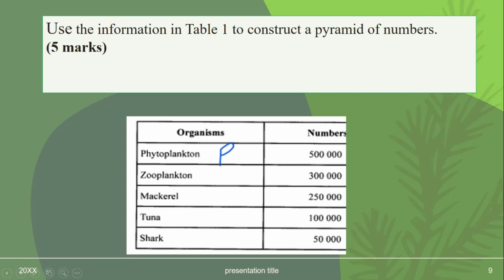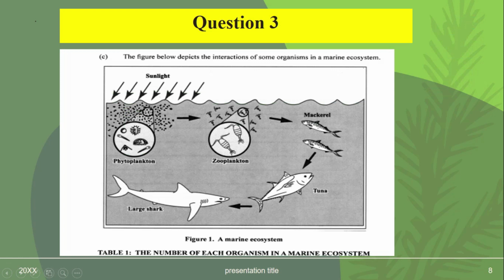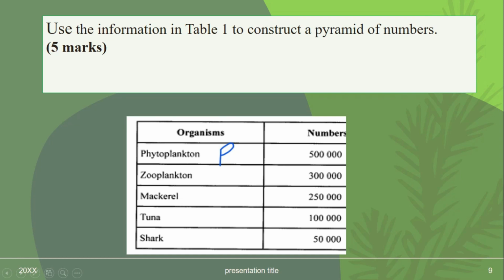All right, so these organisms that were found up here, they present numbers to them, they count them. So pyramid of numbers means the amount of each organism that is present in the food chain. All right, so it is a food chain. This question is based on a food chain. Now it asks you to construct a pyramid of numbers.